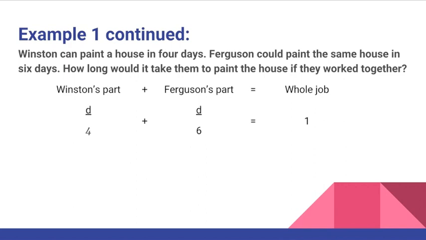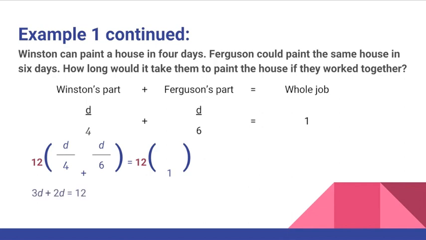For our denominator, our LCD is just going to be 12, since we've got a 4 and a 6. I apologize, my spacing's kind of weird, but we're going to have 12 times the quantity D over 4 plus D over 6 is equal to 12 times 1.